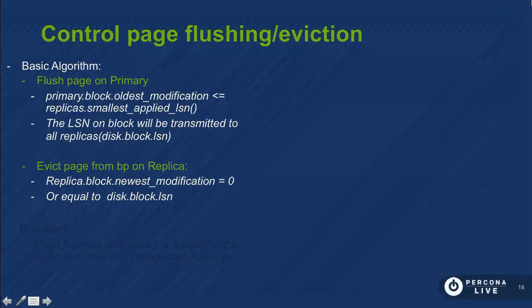And on all replicas, before evicting a page from the buffer pool, it will first check if the page is clean or not. If clean, then we can evict it from the buffer pool. If not, then we have to make sure that its LSN equals the block LSN on disk. If yes, we can evict it.